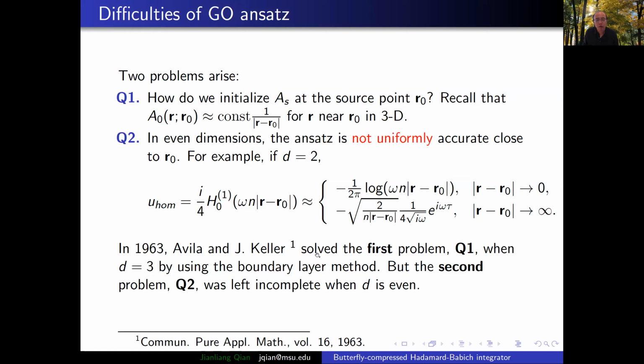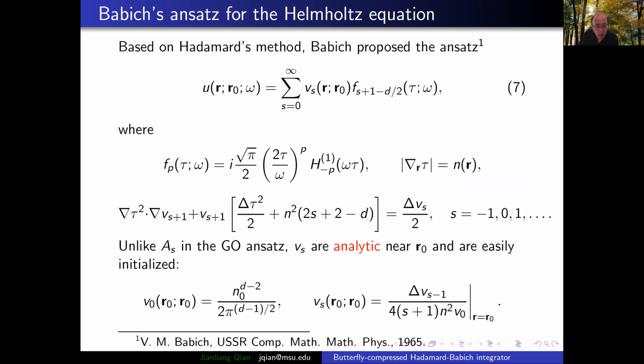Keller realized these issues a long time ago, and they were able to handle the first case, the three-dimensional case, carefully. But the second case, the even-dimension case, they weren't able to deal with. Babich used Hadamard's method. Hadamard's method was proposed for the time-dependent wave equation in the time-space domain.